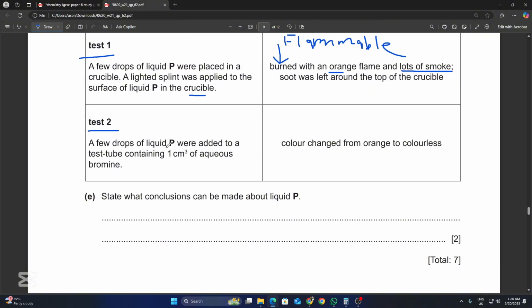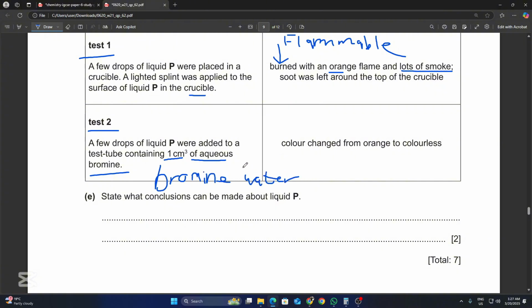Test 2. A few drops of liquid P were added to a test tube containing 1 centimeter cube of aqueous bromine. Now, we have to be careful here, because the color changes from orange to colorless. By the way, aqueous bromine is also bromine water.